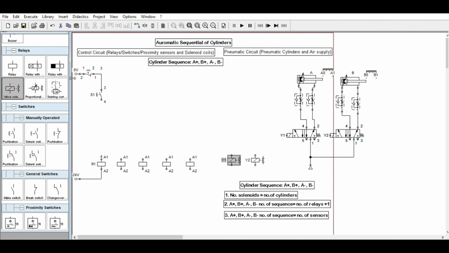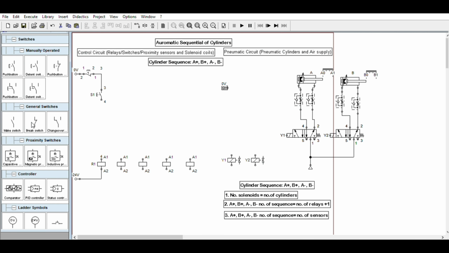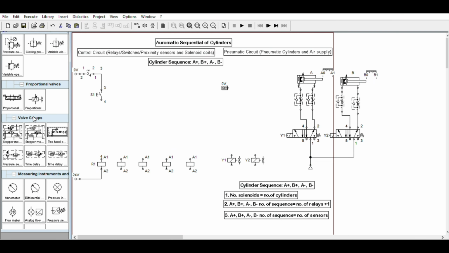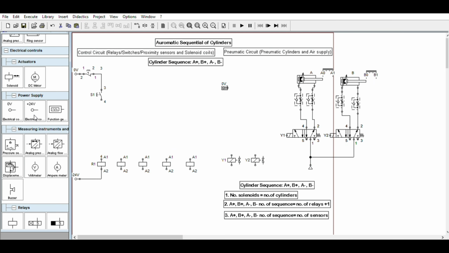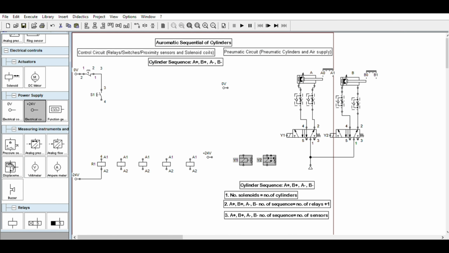So we need separate supplies, two power supplies, because we need separate voltages for the solenoids.